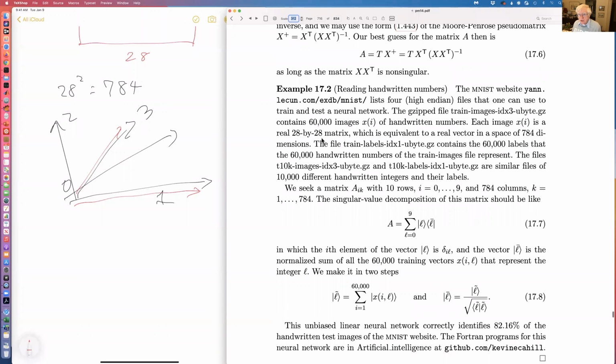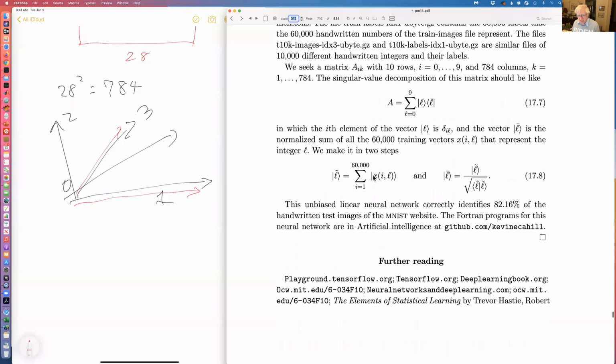What I think one can say is, well, it's obvious to me, and I think it's actually correct, namely that if these images were sharper, instead of being 28 by 28, if these were images in a vector space of, let us say, 10,000 or 100,000, or 1,000,000 dimensions, and if the images I was trying to identify were also at that resolution, in other words, 1,000 pixels by 1,000 pixels, which is what you get with a decent digital camera, I think the accuracy would have been much higher.